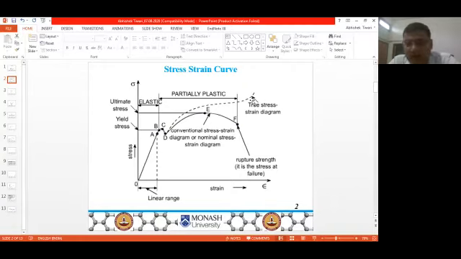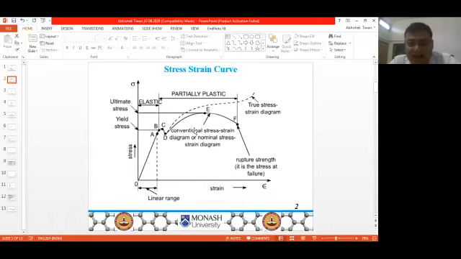However, for true stress, sigma true is equal to P upon A instantaneous, that is, load divided by instantaneous area.